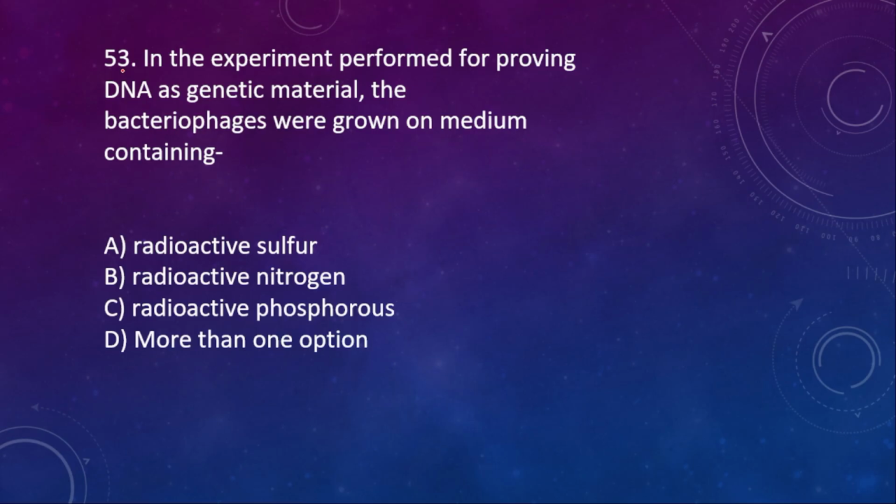In the experiment performed for proving DNA as genetic material, the bacteriophage were grown on a medium containing radioactive sulfur, radioactive nitrogen, or radioactive phosphorus. So they were grown on a medium containing radioactive sulfur and radioactive phosphorus. So more than one option is correct.